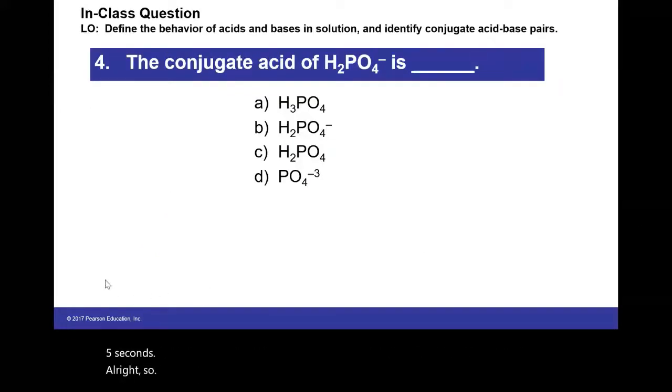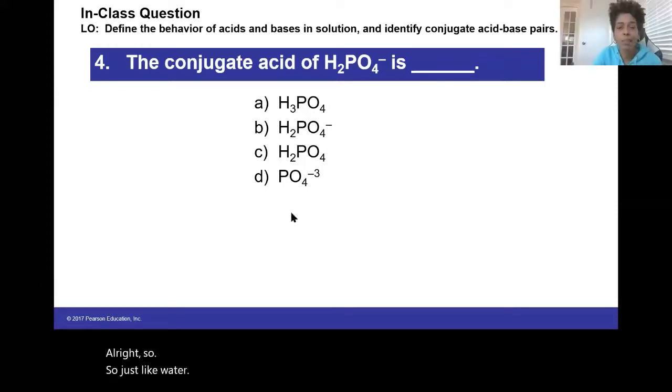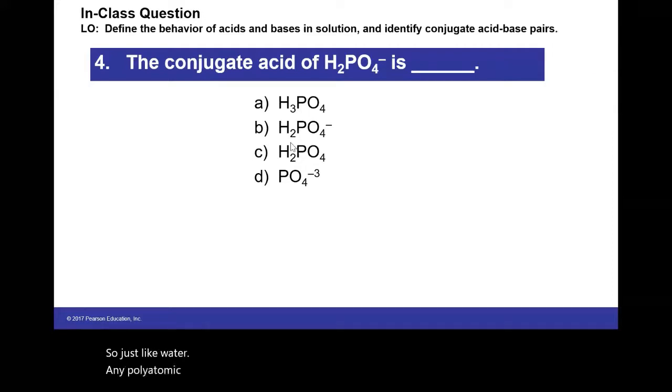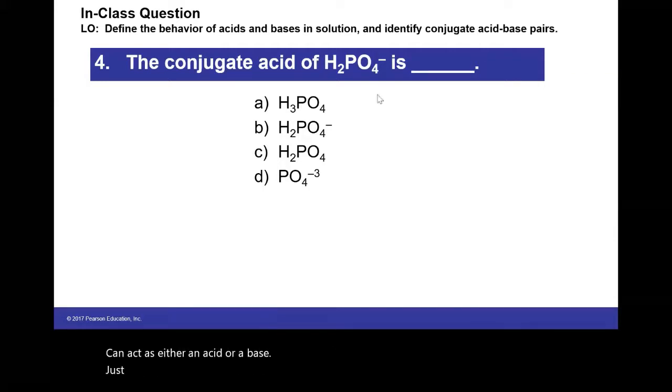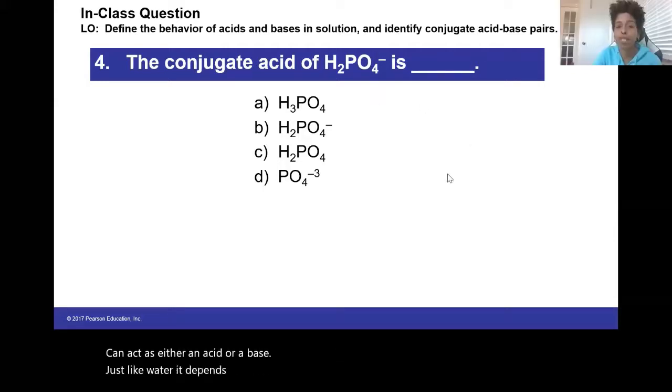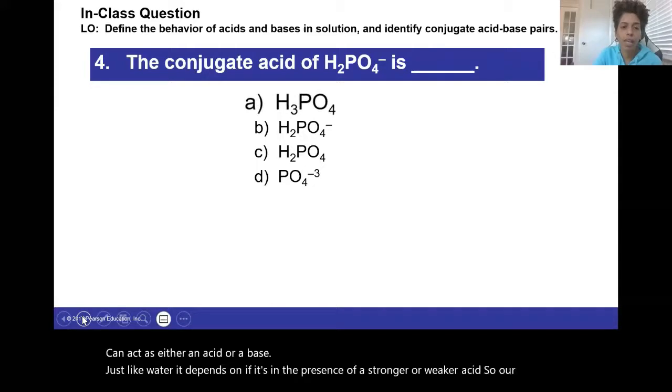So just like water, any polyatomic ion that has a hydrogen present can act as either an acid or a base. Just like water, it depends on if it's in the presence of a stronger or a weaker acid. So our answer is A.